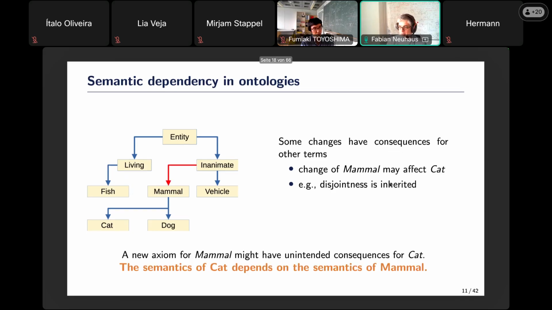Or if I make mammals inanimate, of course, that's also inherited by cats in this ontology. So I hope it's clear to anybody who has developed ontologies that the semantics of these terms aren't islands disconnected from everything else, but rather that if you change one part of your ontology, it may have unintended consequences for other parts of the ontology.